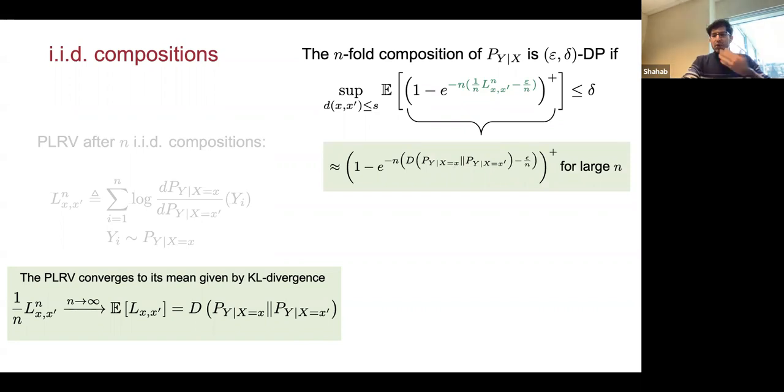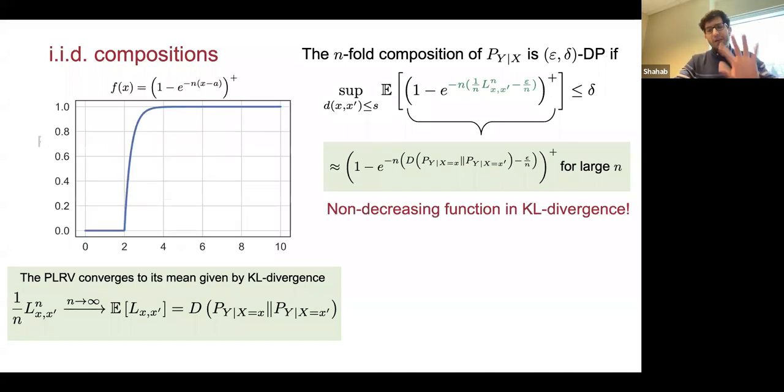Okay, so now we have a kind of nice procedure. Before that, this function is actually a non-decreasing function of KL-divergence. So if you really want to minimize this term, you have to basically minimize the KL-divergence.